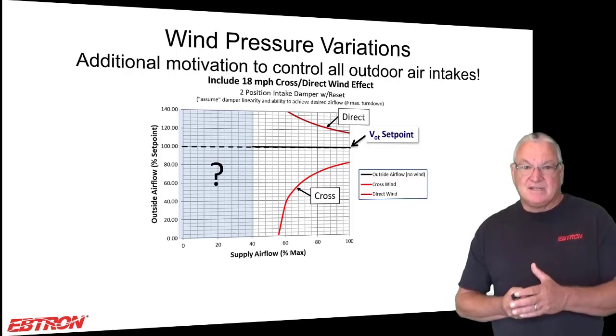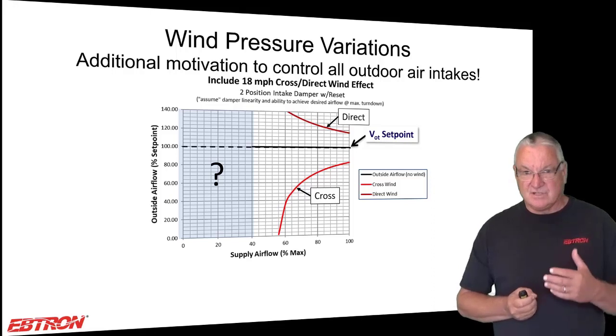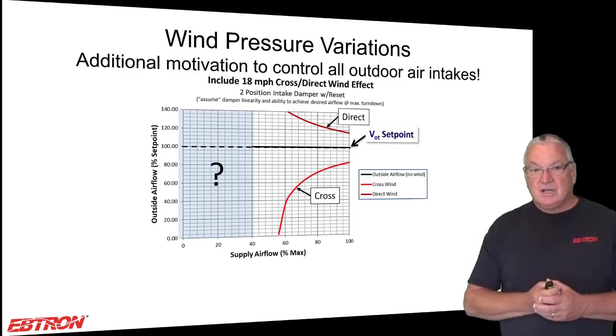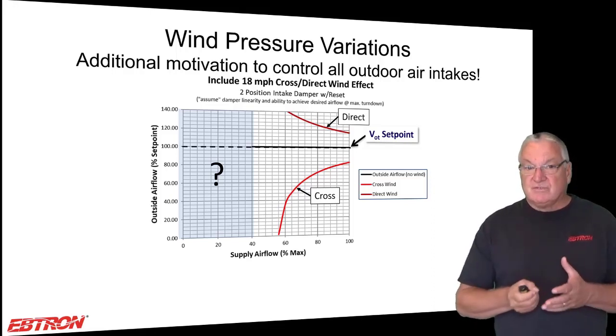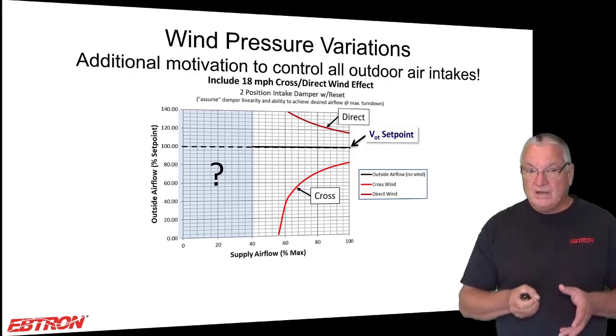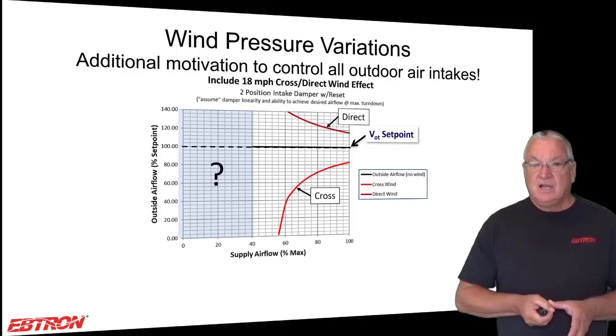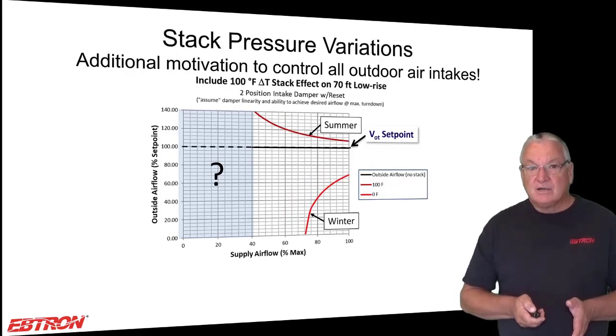In this case, where you're opening the damper to compensate for supply airflow changes, you've really reduced the resistance of that intake system. So a given wind pressure is going to be a greater change in flow. And that's what I'm showing you here.